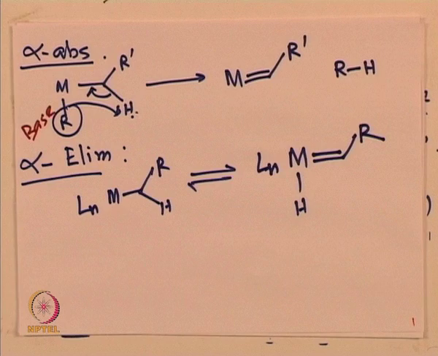So what we have seen right now is that alpha abstraction and alpha elimination are similar. Both of them give exactly the same compound, the carbene compound, but mechanistically they are different. There is a very subtle difference between these two. In the alpha abstraction case, the metal alkyl intermediate, that alkyl, can be the base itself and can abstract the alpha hydride directly without passing through a metal hydride intermediate.